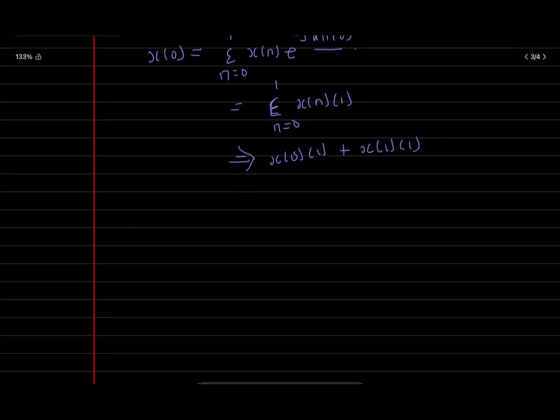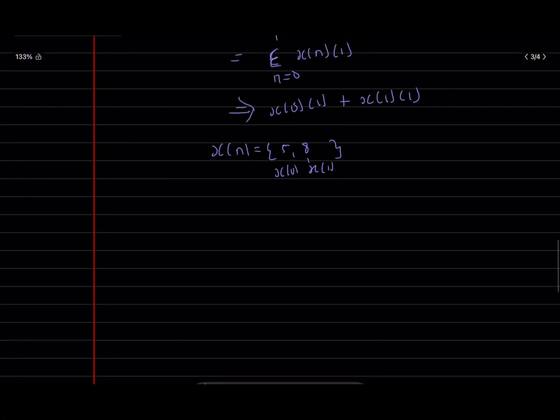So if we have this expression, what is the sequence that we have? We have the sequence x of n equal to 5 and 8. x of 0 is here, and this one is x of 1. So now our x of 0 is 5. So we are going to get 5 multiplied by 1 plus what? 8 multiplied by 1.